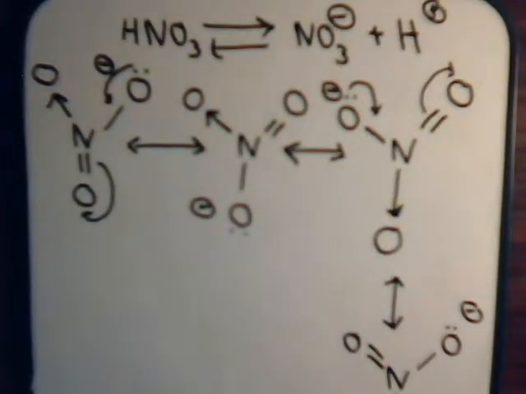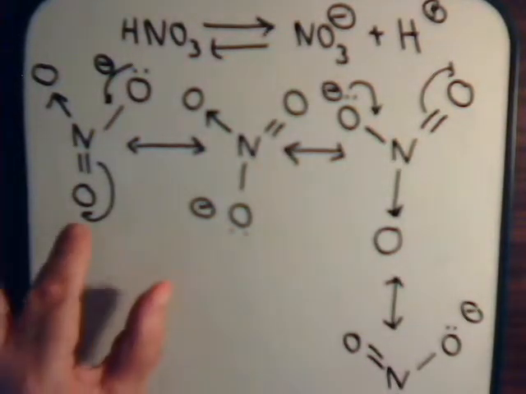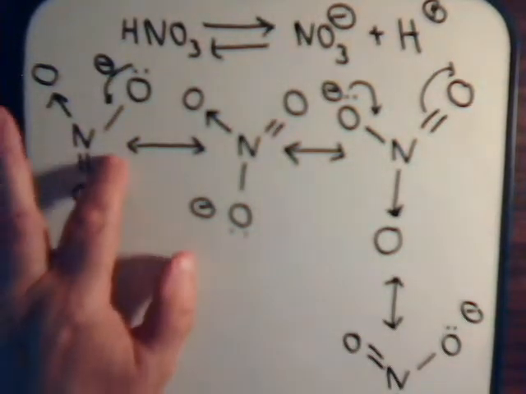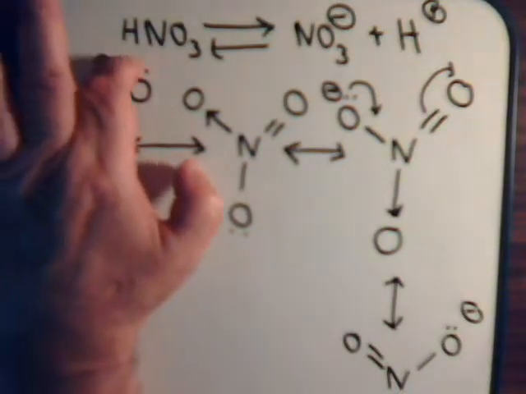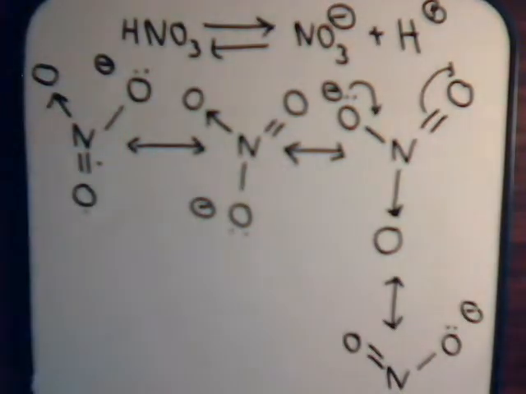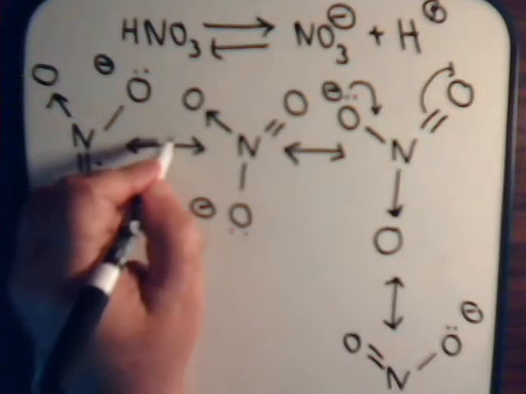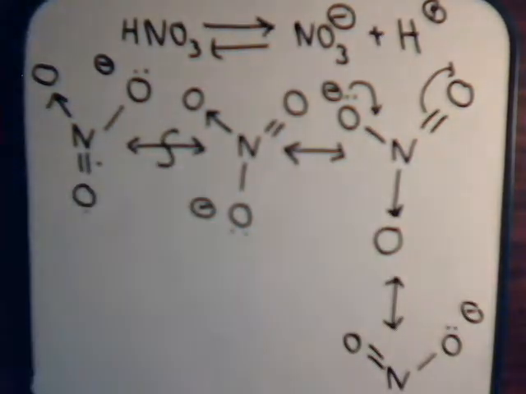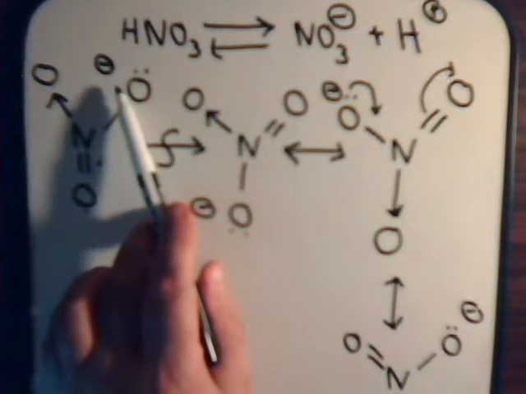Notice that these structures here, going from, let's get rid of the arrows now, we don't need them. It'll just be confusing. Notice that these are symmetrical. Here, this oxygen had a negative charge.